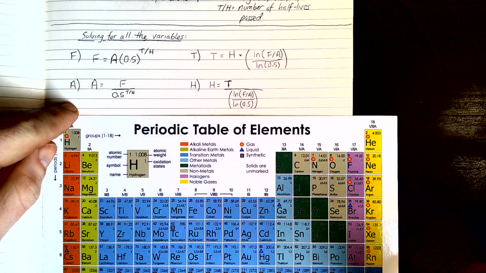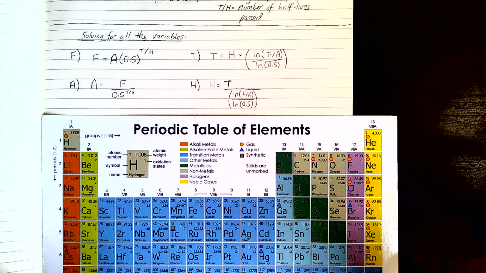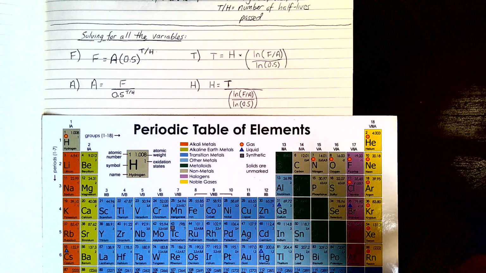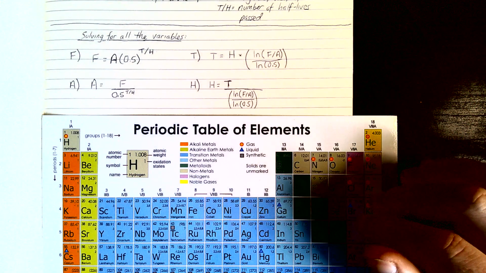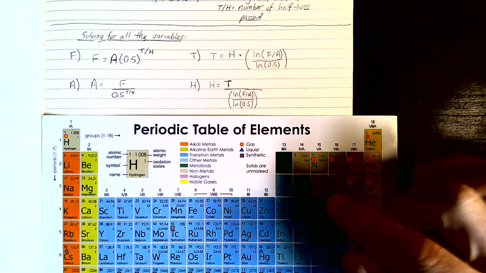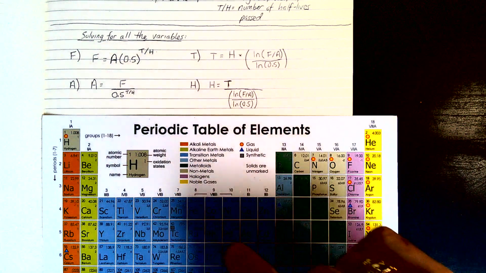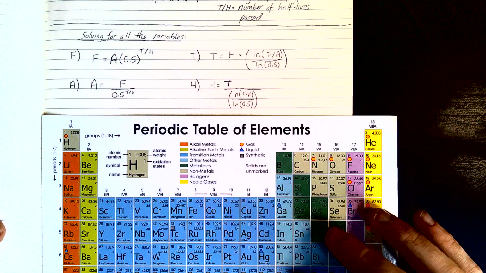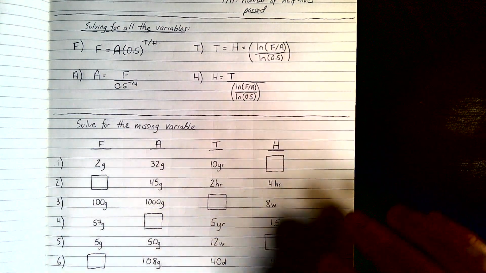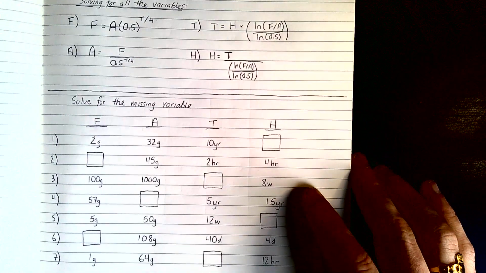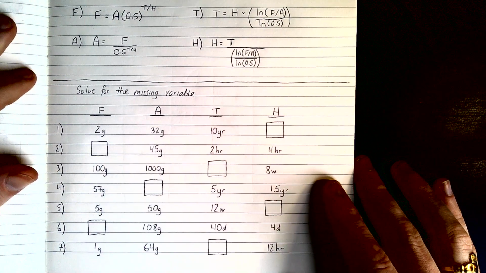If you're looking for A, it's F divided by 0.5 to the T/H, and if you're looking for T or H, you're going to use these equations, which are a little bit more complicated and require you to use the natural log. Now I'm going to show you a few examples here where we solve for each and every variable using our TI calculator.